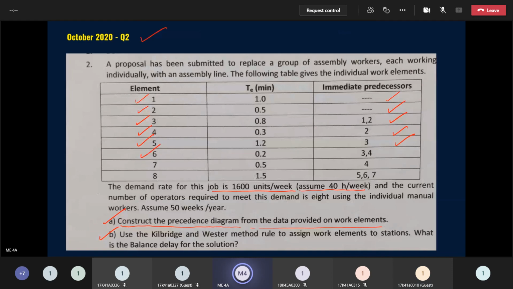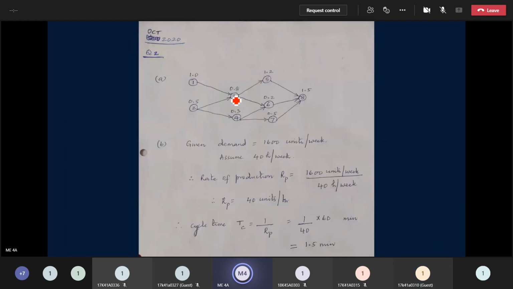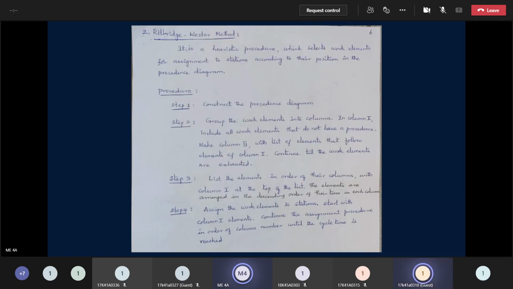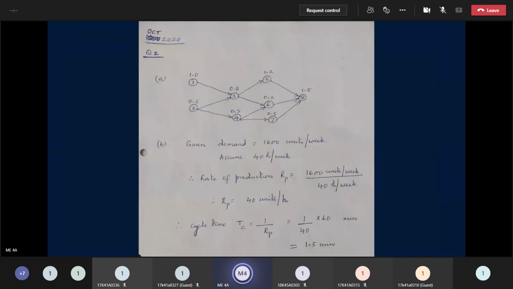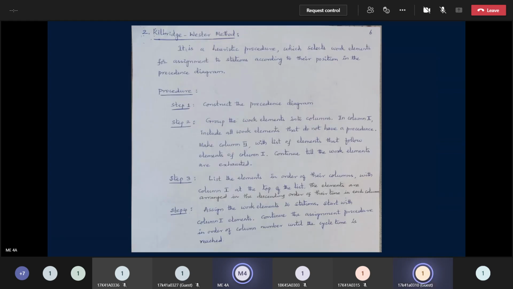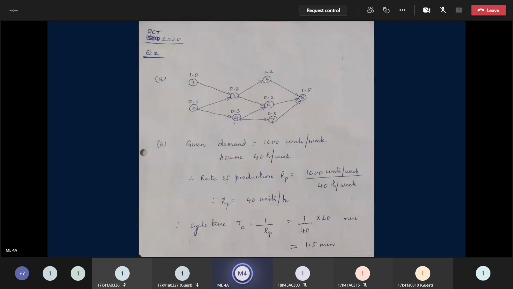For element 6, precedence is 3 and 4. Correct? Element 7, precedence is 4. Last, for element 8, precedences are 5, 6, and 7.